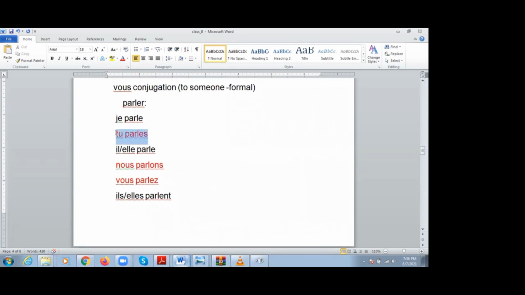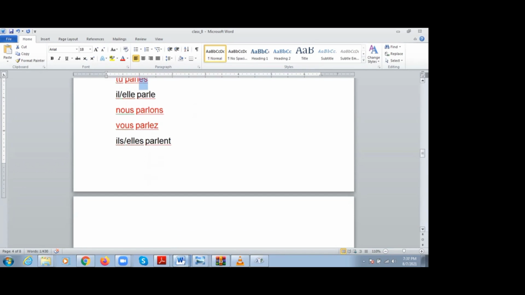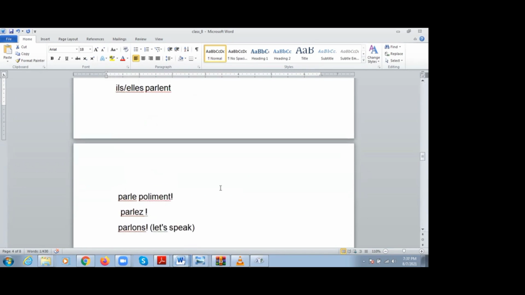Okay. Another rule. It happens in case of tu. When I'm using tu form for imperative, it is ending with es, right? So if the tu conjugation in the present form ends with es, you have to remove s from it for imperative. So it's going to be just parle. It's a rule.